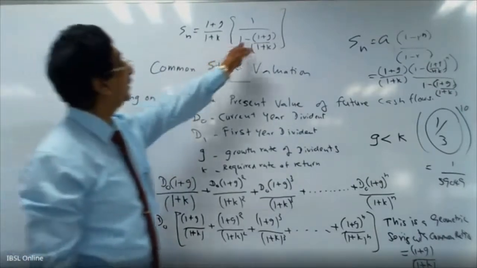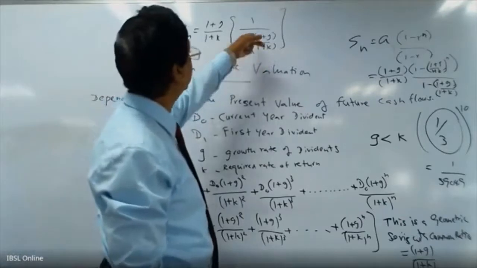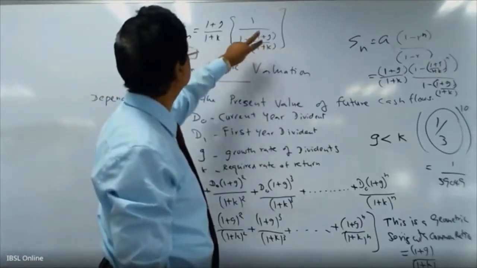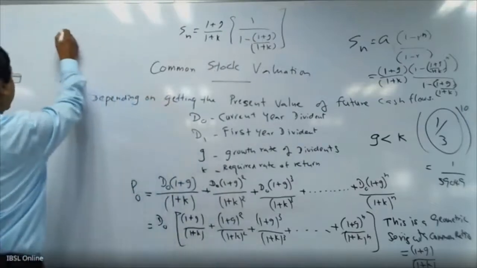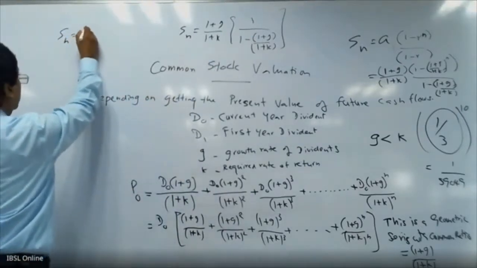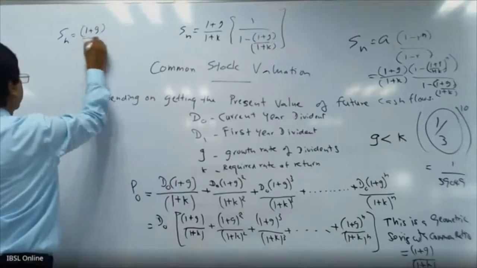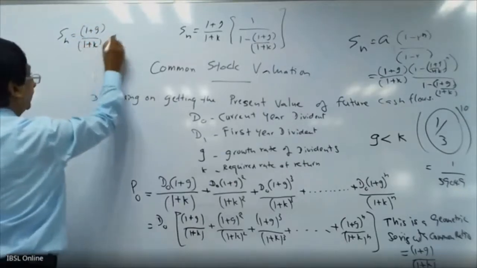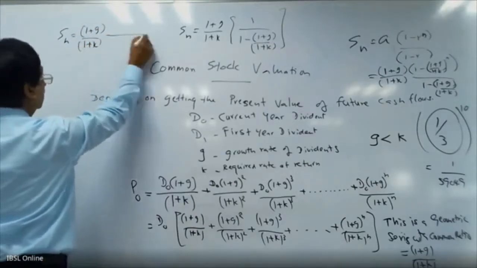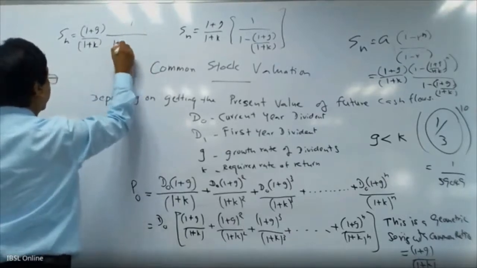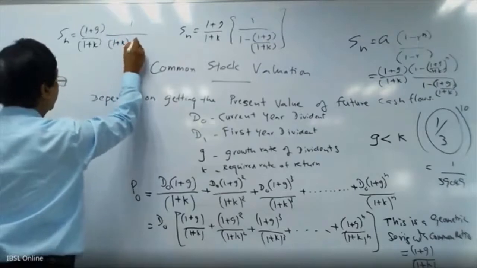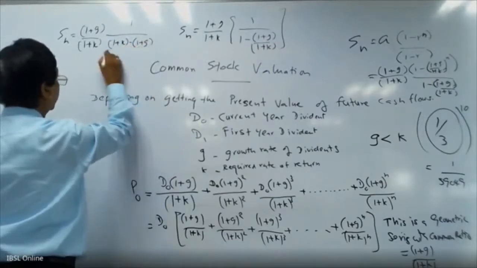Then we can just simplify that. I will simplify it here. Sn is equal to 1 plus G, 1 plus K. You get 1 plus K minus 1 plus G. Divide by 1 plus K.